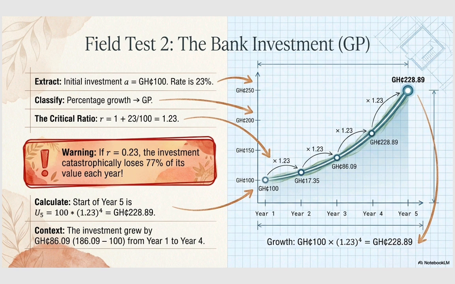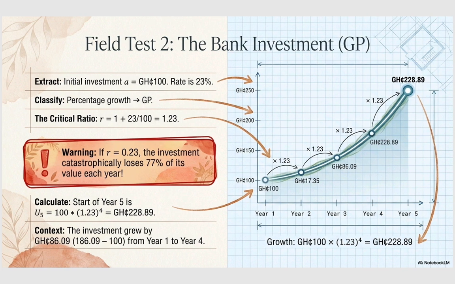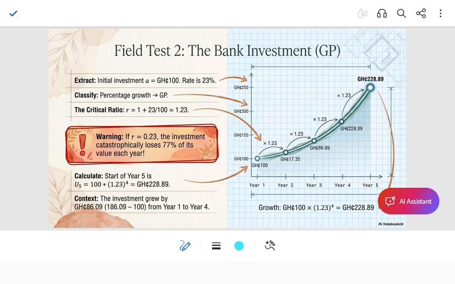The rate is 23%. We have already classified that percentages are GP, and the common ratio is 1 plus the percentage growth we are talking about. Please pay attention: 1 plus the percentage.